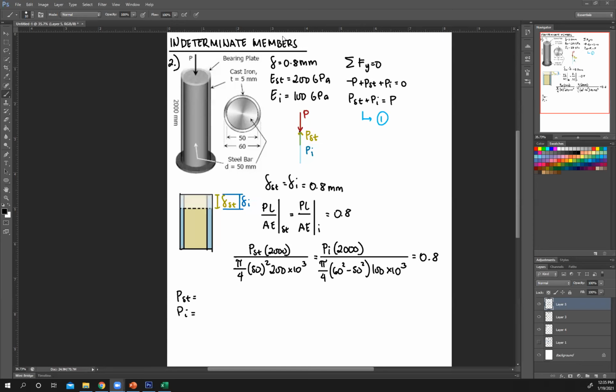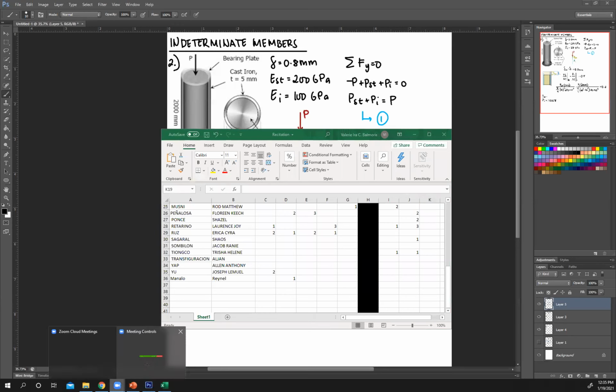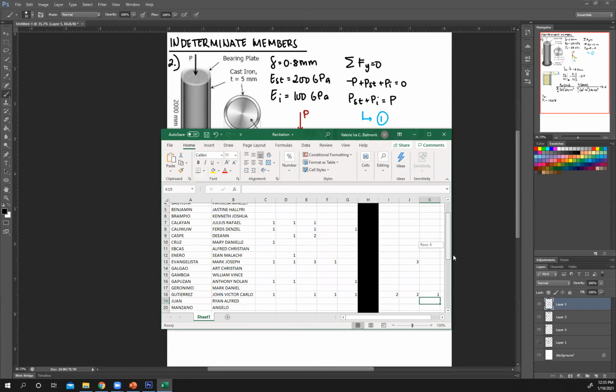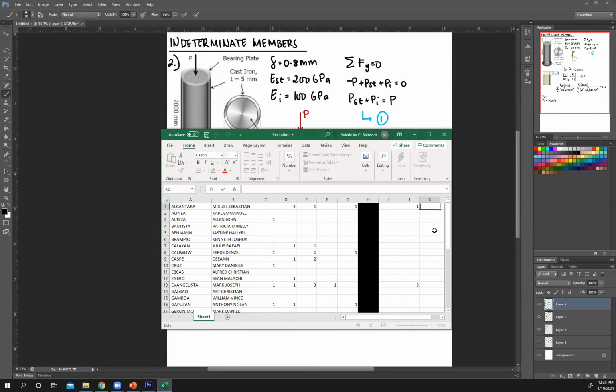Okay, correct, Miguel, it's 34557.52. And that is for your iron, right? Or you can just rewrite that as 11,000 pi, so that you don't have to store this value. And then PST.